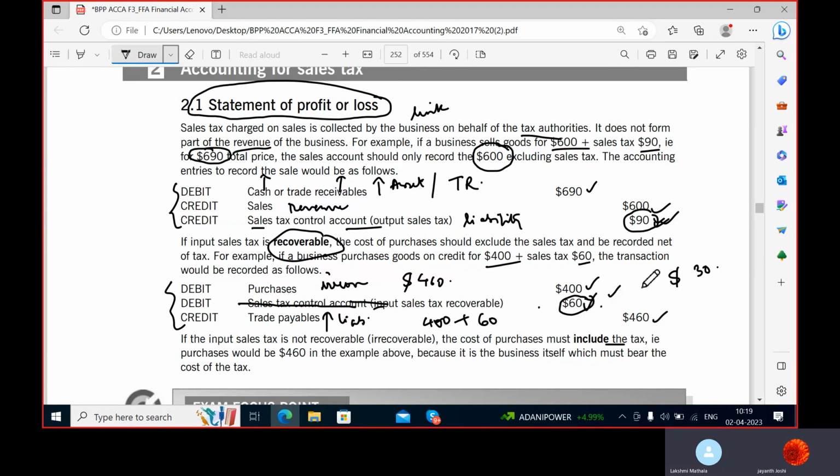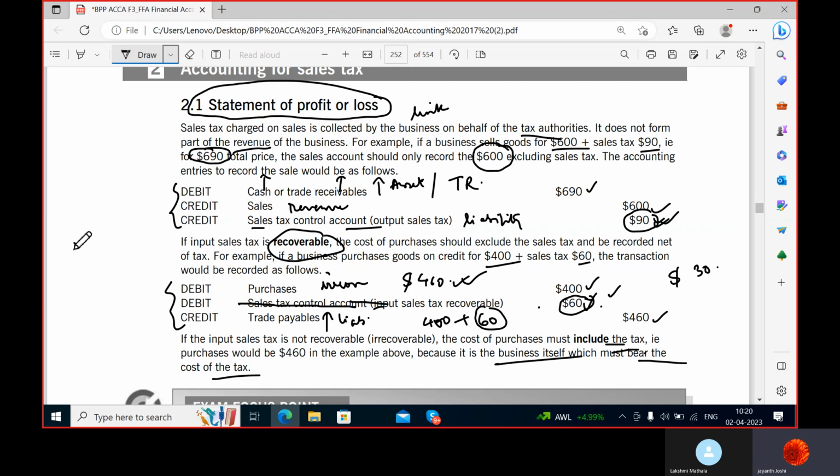So in that scenario, instead of showing a purchase of 400, we'll show a purchase of 460, including the $60 as the tax element also, because that is a loss for us. Okay, ma'am. In that scenario, the business is the one which is going to bear the cost of tax.